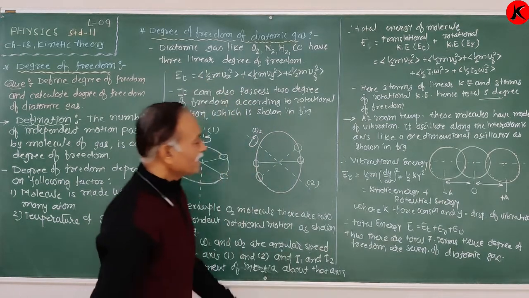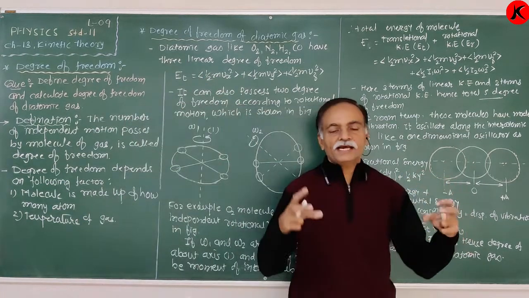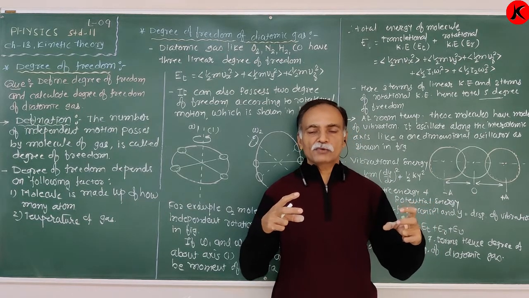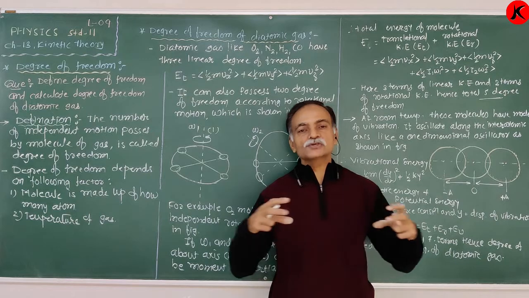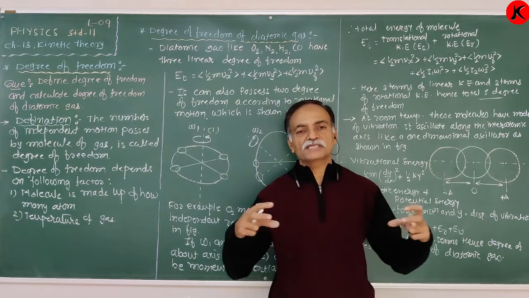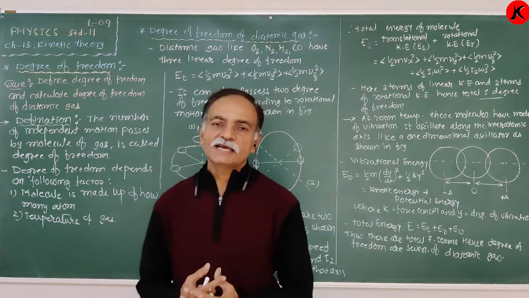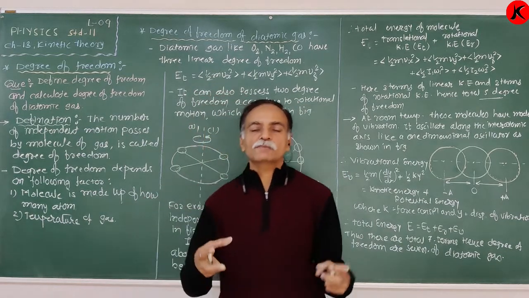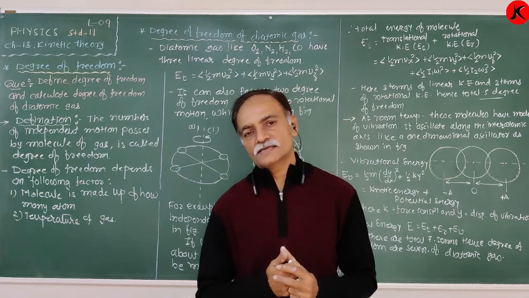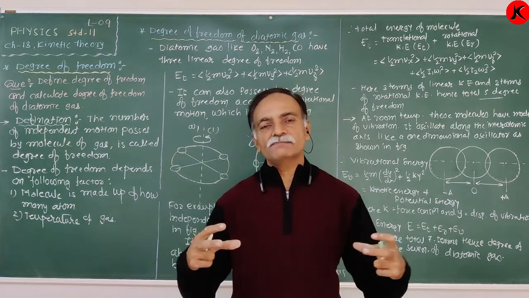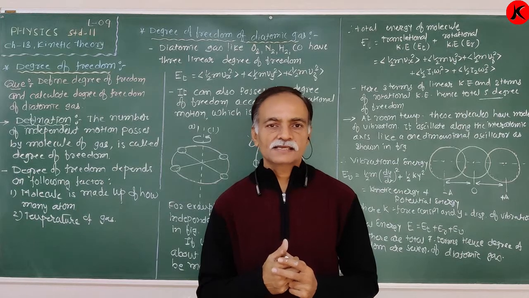Okay. Now at room temperature, the diatomic gas has 2 atoms in one molecule. These atoms also vibrate about their mean position at room temperature. Therefore, this molecule also possesses vibrational energy. Vibrational energy is equal to kinetic energy plus potential energy.